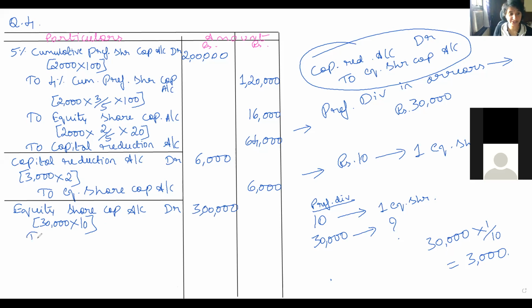Now new equity share पे वो कैलकुलेशन लिखो, तो न्यू इक्विटी शेयर कैपिटल अकाउंट। हाँ, अभी यहाँ पे ये कैलकुलेशन लिखा, 30,000 multiplied by 5 पे 1, that is 1/5, and new equity shares are issued at ₹2 each.